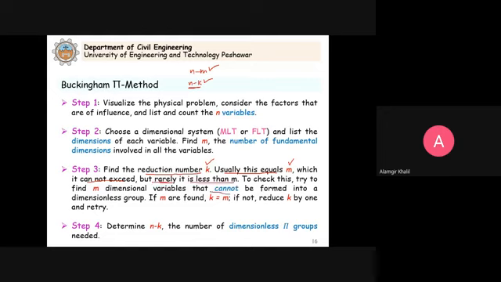So most of the time this will work for you without bothering. Just calculate m and take k equal to m. If not, then we reduce k by 1 and try to solve the problem. So that's why we determine n minus k, the number of dimensionless groups needed to solve the problem.